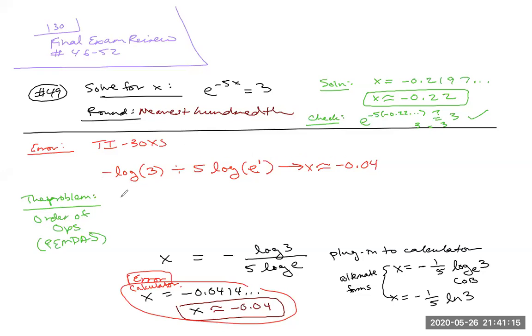But what I really should be having here is a bracket. So the correct way would be putting in negative log parenthesis 3, close parenthesis, divide, put a bracket or a big parenthesis here, then put your 5 log e to the first, and close your bracket.